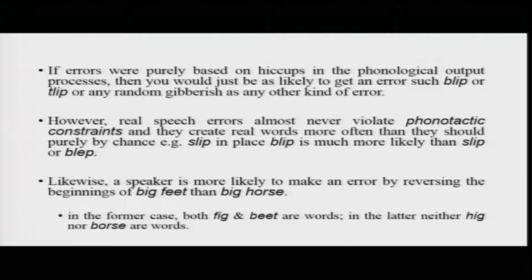But what has actually been seen in the data is that real speech errors almost never violate phonotactic constraints. What is phonotactic knowledge? If you remember from the last chapter, phonotactics is the knowledge about canonical beginnings and endings of words in the language. So, for example, there is no word called hig and boss. You know that this is not really a canonical word, and that's why it is less likely that you will come up with such an output as compared to fig and beat, because both of them are real words.